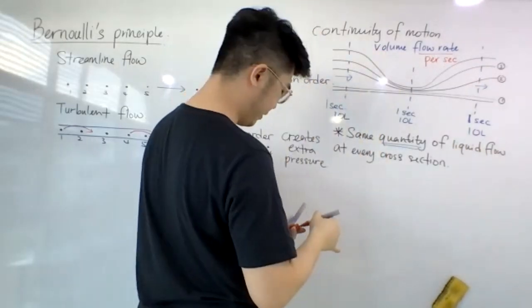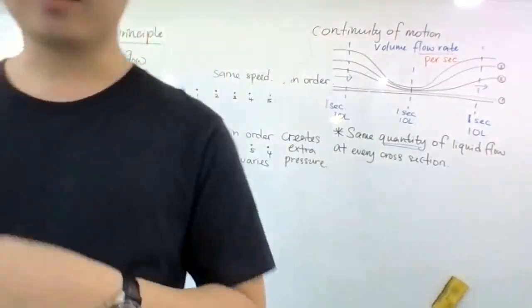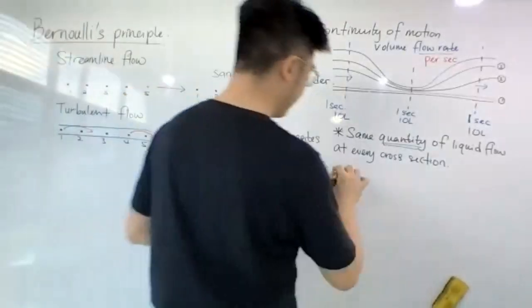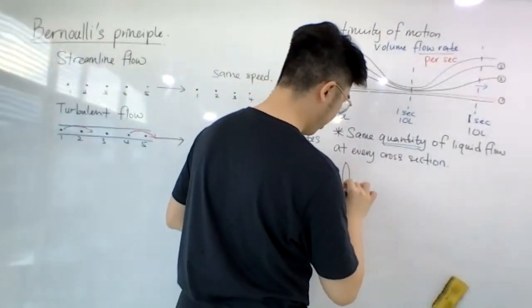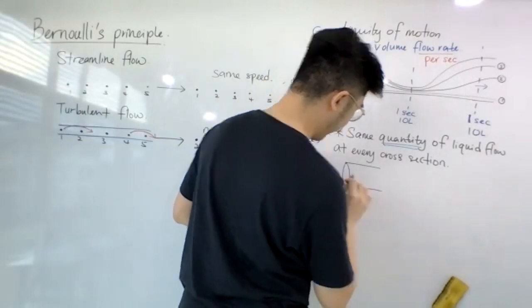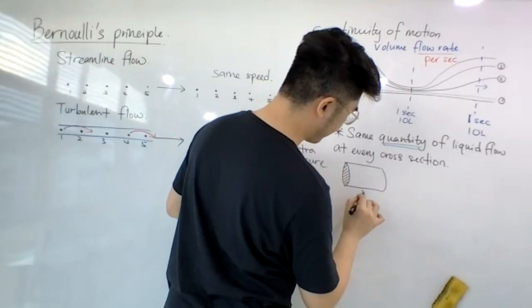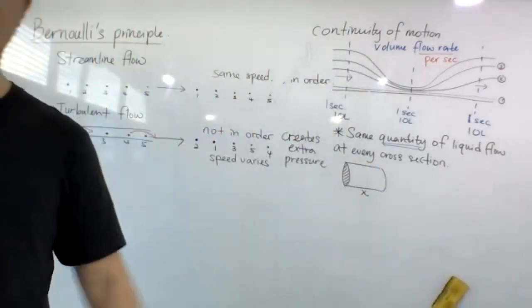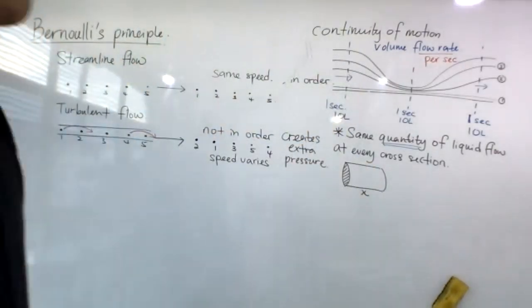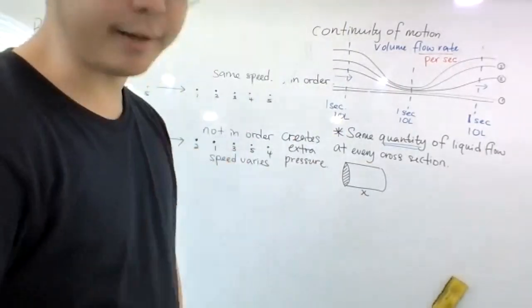Here, I will make a quantity. Suppose that our tube is like this, having a cross-sectional area A and a length of x. Water is flowing in the tube in 1 second.